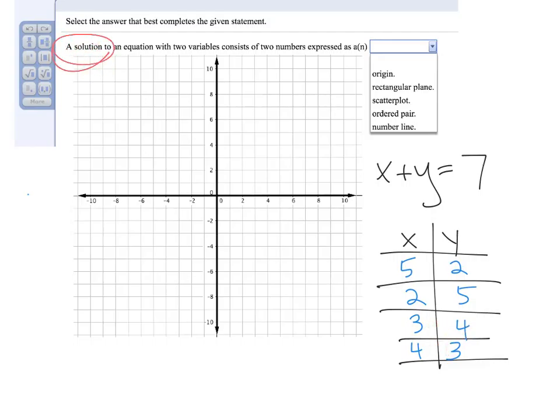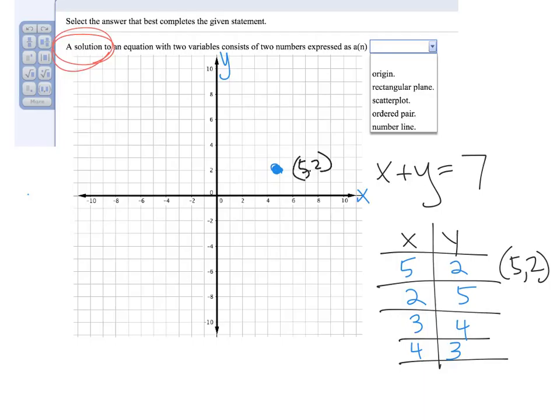So when they say a solution to an equation, each one of these rows over here is considered a solution. Now this 5, 2, we think of it as an ordered pair, (5, 2), and that means we can put a dot right here at (5, 2), because here's your x-axis, here's your y-axis, and they're saying (5, 2) is a solution.